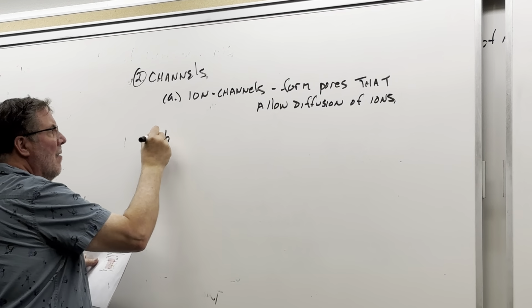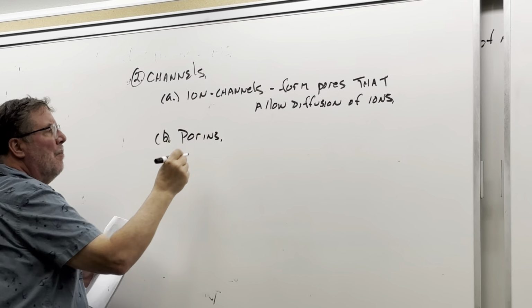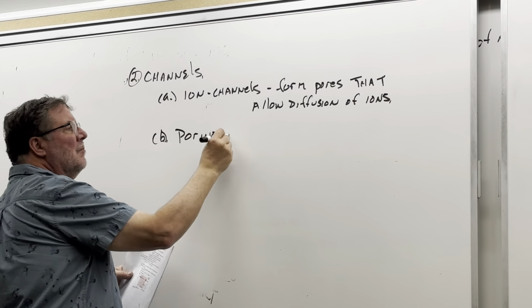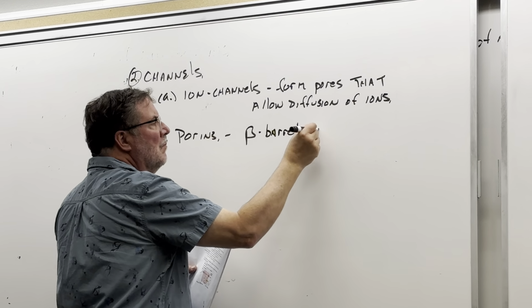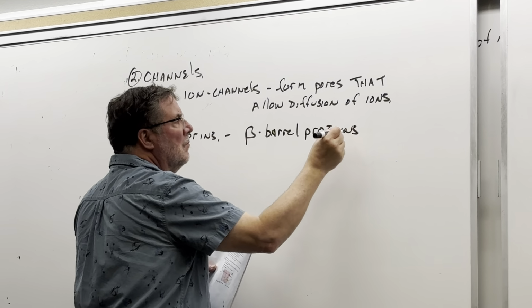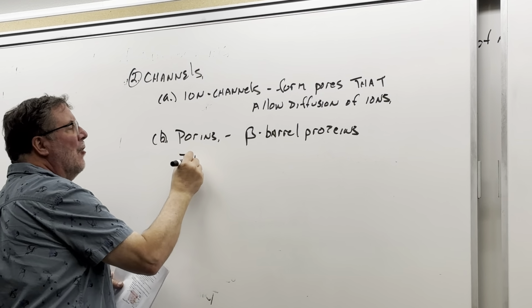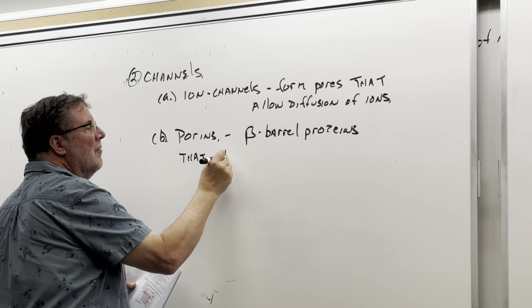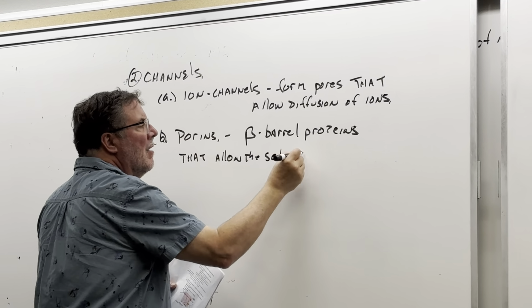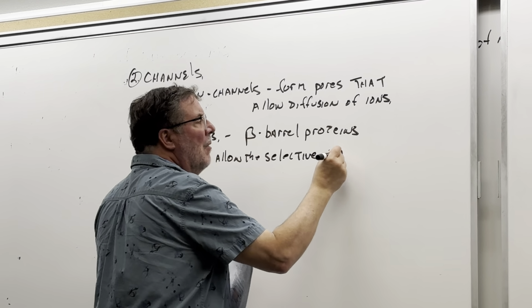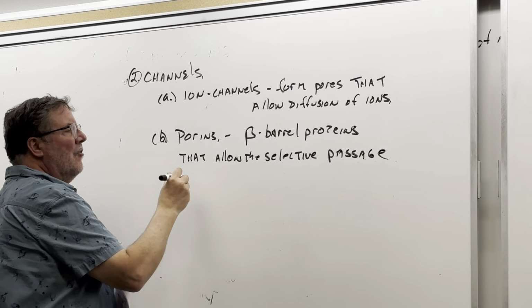We have what are known as porins. These are beta barrel proteins that allow the selective passage of molecules, more than just ions.